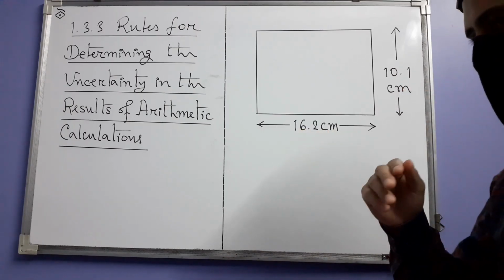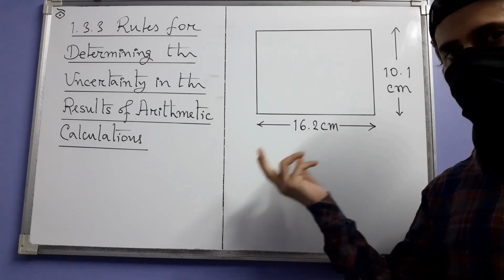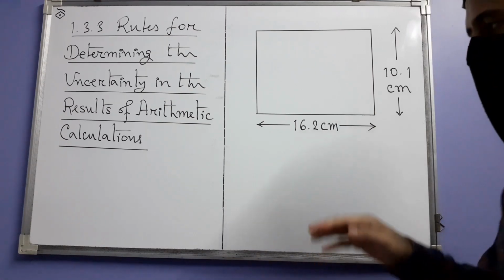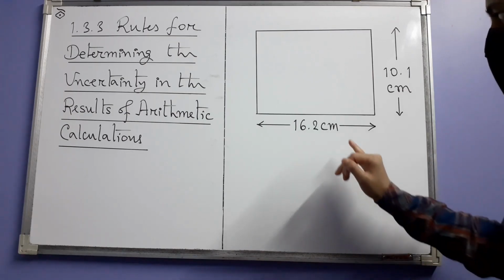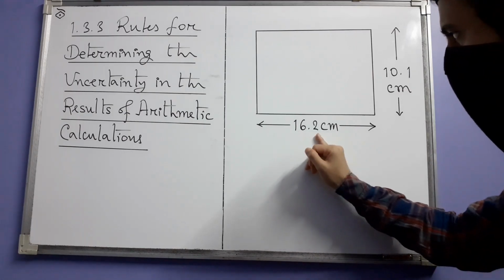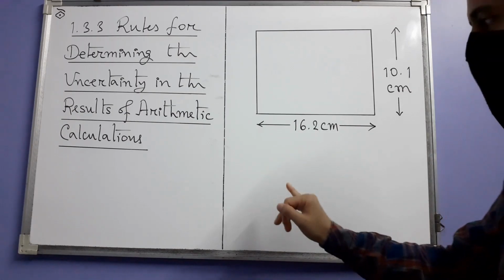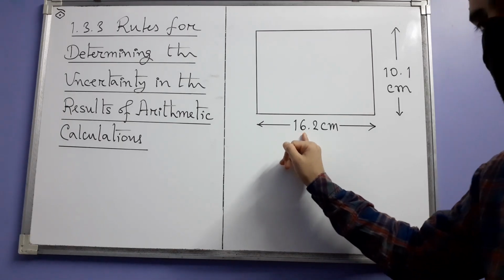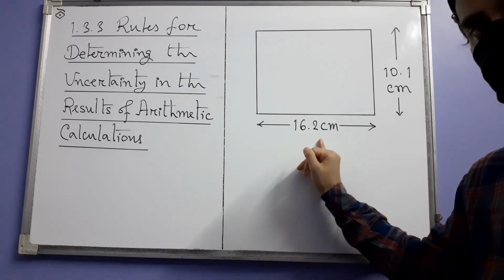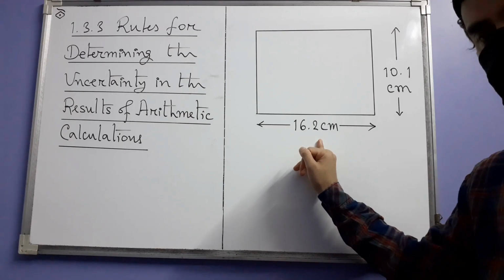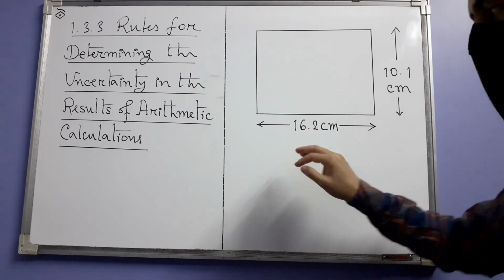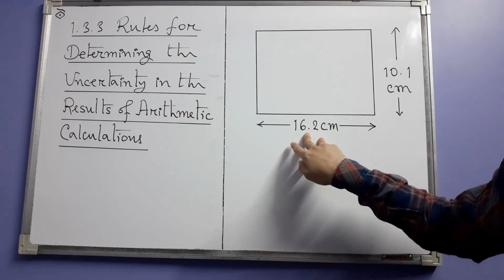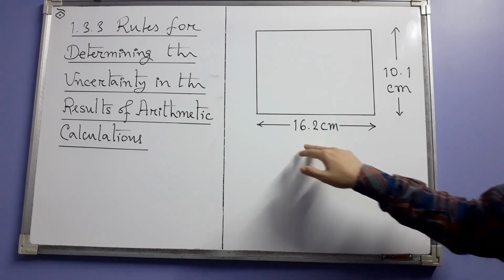So you know that the way these measurements have been written, keeping the significant figures in mind, 1 and 6 are certain digits and 2 is the uncertain digit. But all these 3 digits are significant figures. So there are 3 significant figures in this measurement.